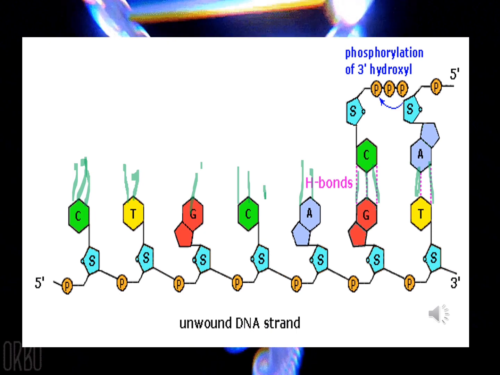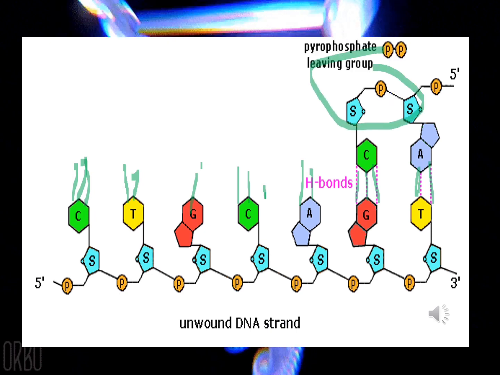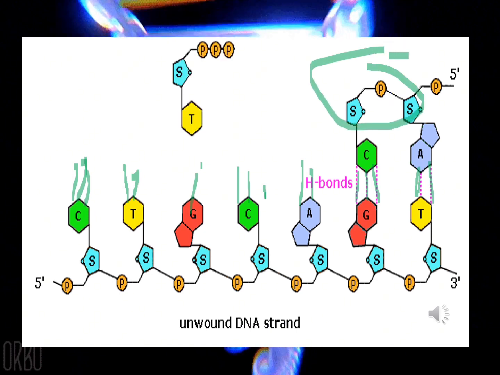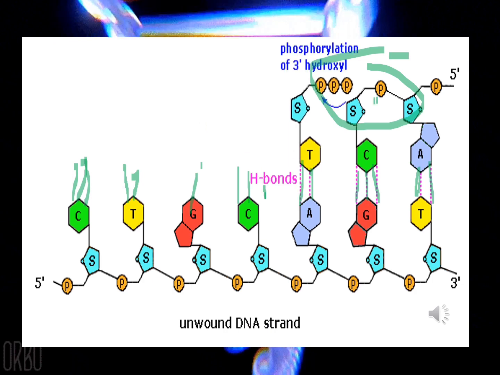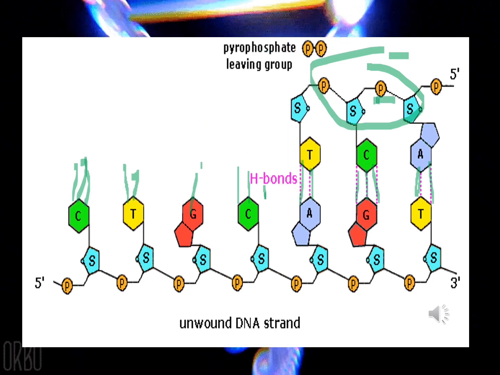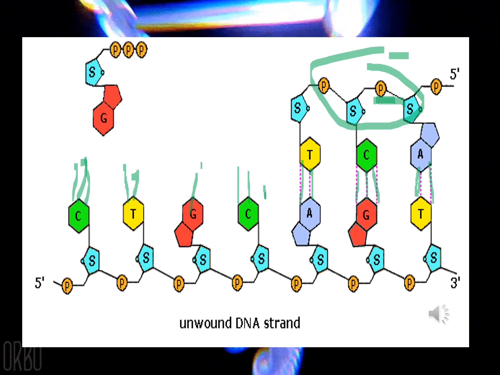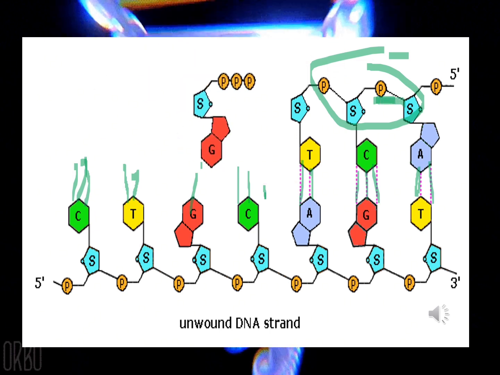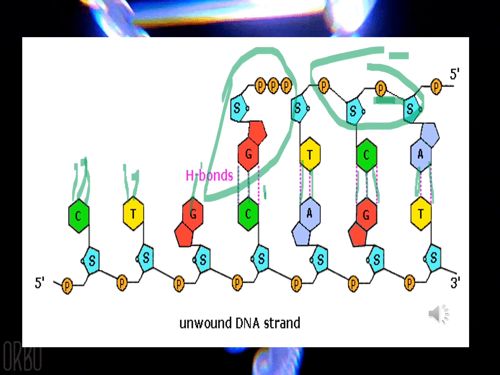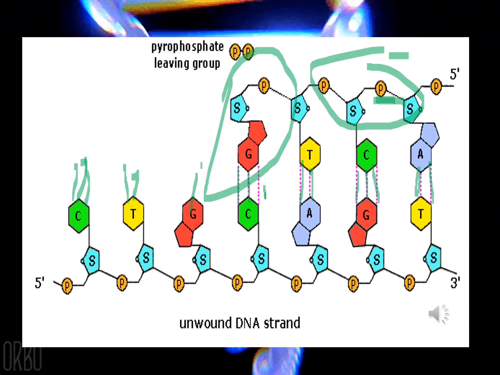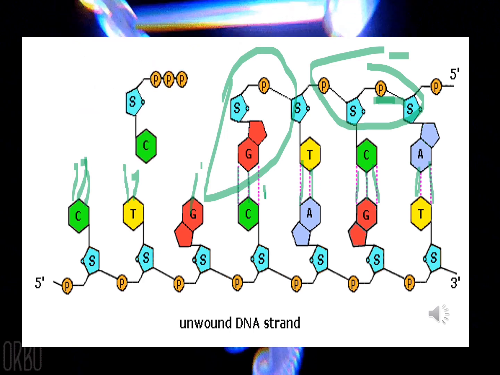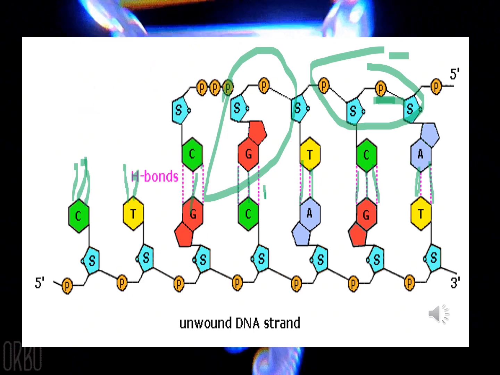And see here, just focus on what happens. 2 phosphates are gone, and this one is connected to the previous nucleotide, covalent bond. Did you see how it works?